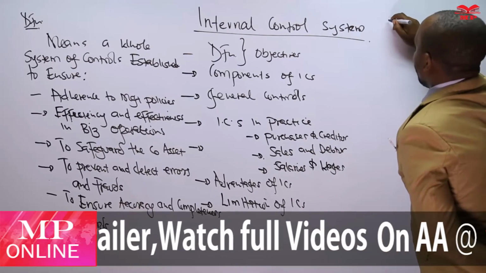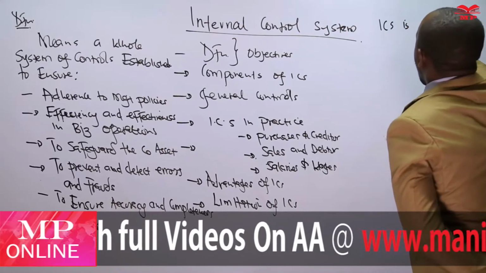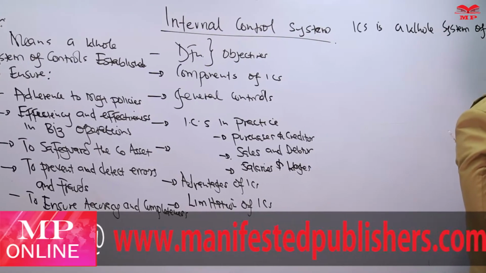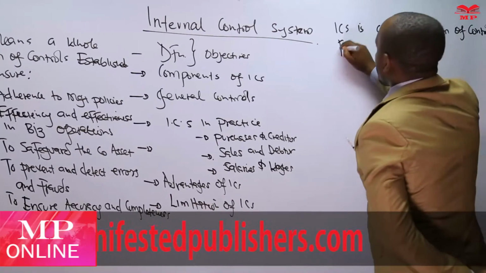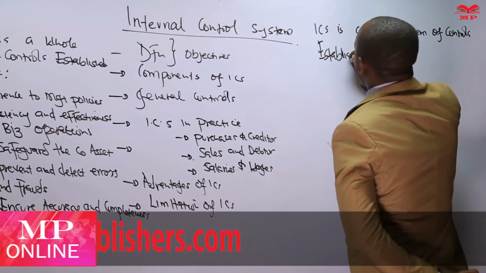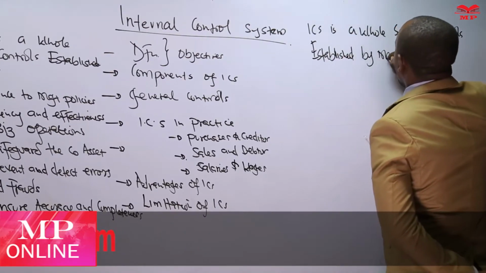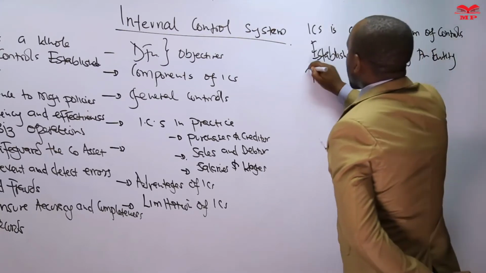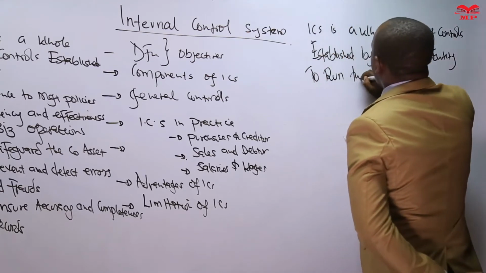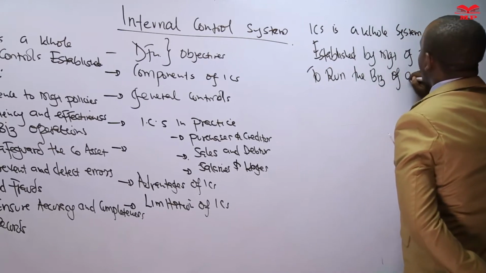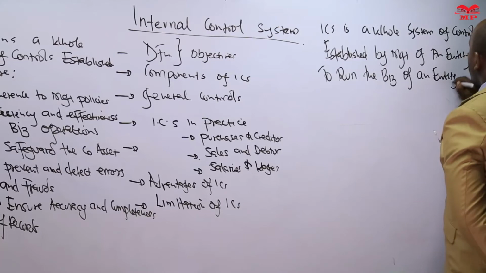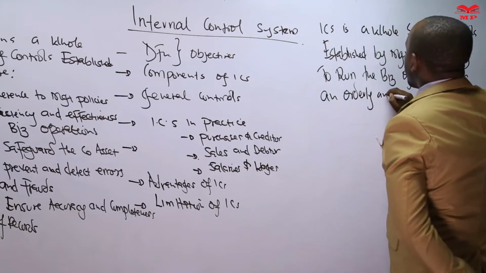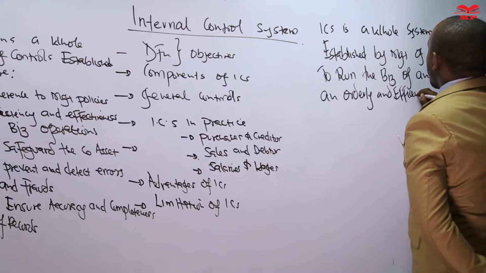We say, ICS is a whole system of controls established by management of an entity to run the business of an entity in an orderly and efficient manner.